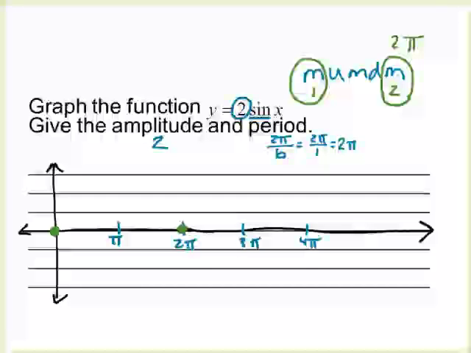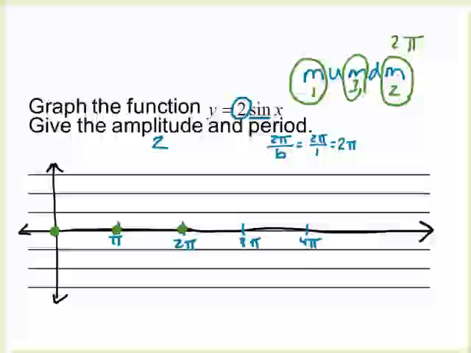Now the reason why I like to graph my bookends first is because since these graphs are so incredibly symmetrical, I can break down everything by halves. So the next thing I'm going to do is plot what should be exactly in the center of those and put it right in the center of them. So I have my last middle point right in the middle, and then my ups and downs should come in the middle of those.